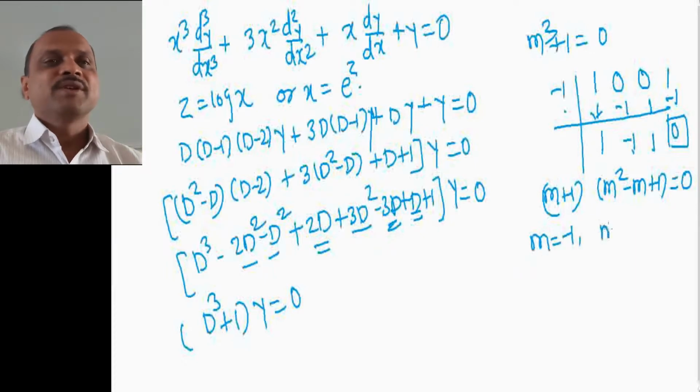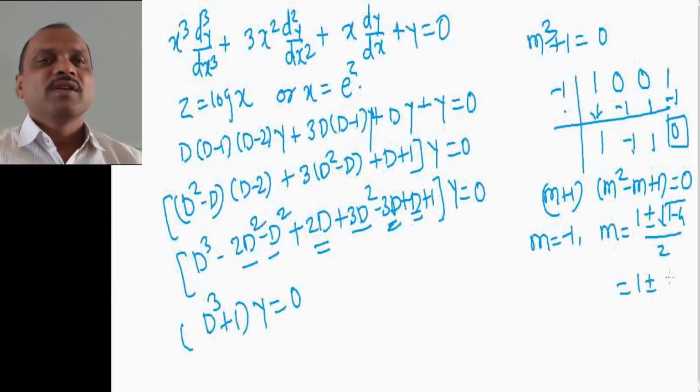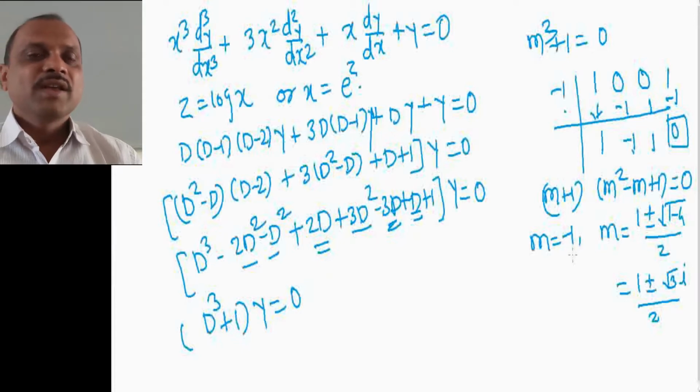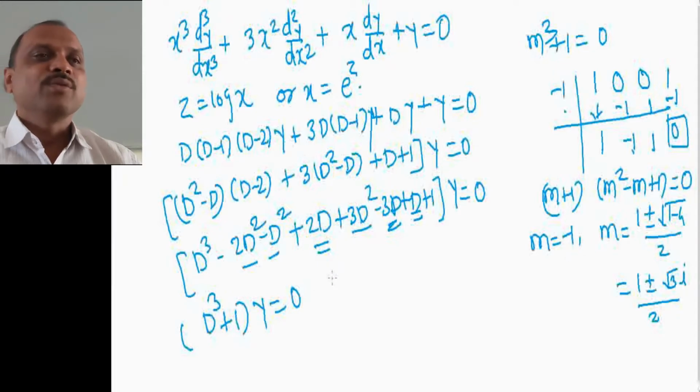You can see m equal to minus 1, and from this m equal to (1 plus or minus under root of 1 minus 4) divided by 2, equal to (1 plus or minus i under root of 3) divided by 2. These are the roots. Here you can see the roots are imaginary, and this one is a real root.